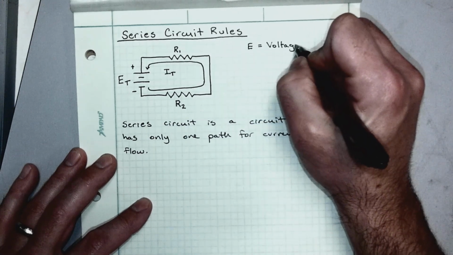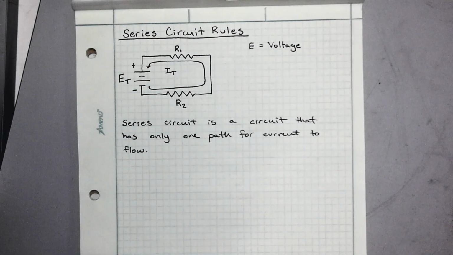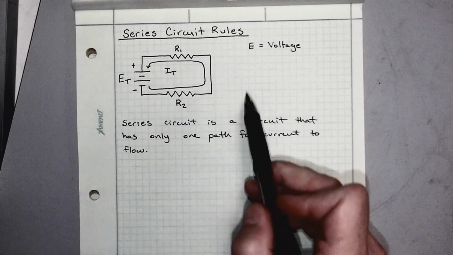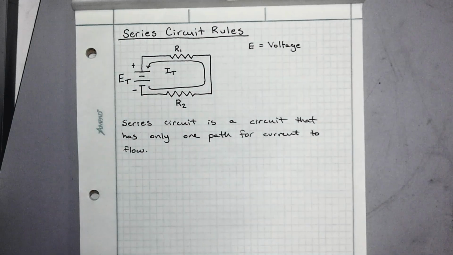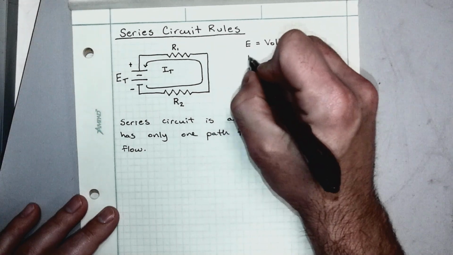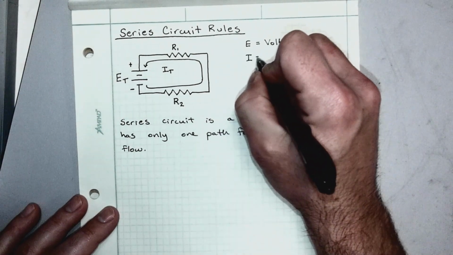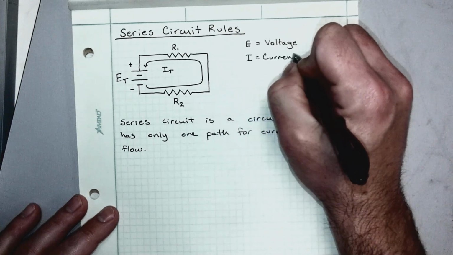I know that seems a little odd to use E for a word that begins with V, but in science and math, sometimes we deal with velocities, and so V was already taken. Early on, voltage was considered to be the electromotive force, which is why we use E. Secondly, we use I, and this is going to be the variable we use for current.